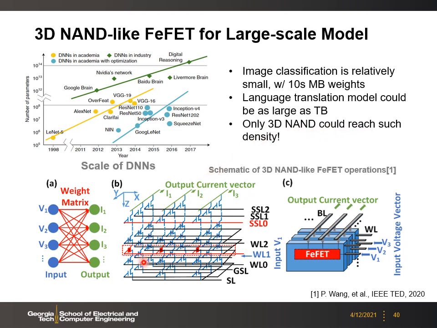Here we propose to modify the 3D NAND architecture to support in-memory computing as well. The idea is to enable one plane of the FeFET-based 3D NAND architecture. Then we use the SSL as the input voltage, and measure the current from the bitline.